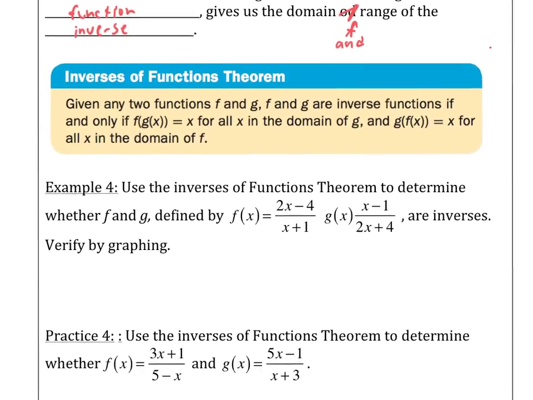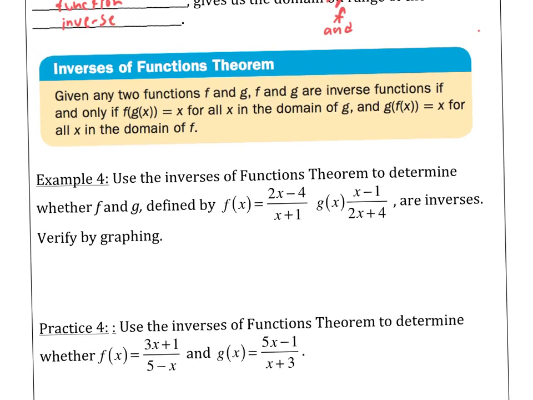And here's the key thing about proving that the function and the inverse are indeed functions and inverses. Given any two functions, f and g are inverse functions if and only if. If and only if means it goes both ways. That f, the composite of f with g of x, is x.